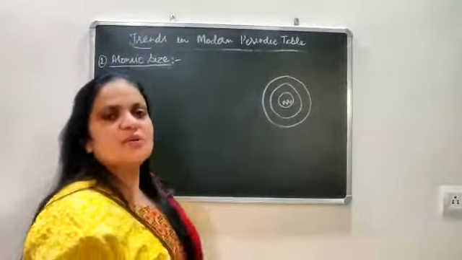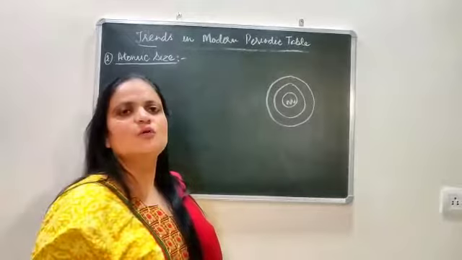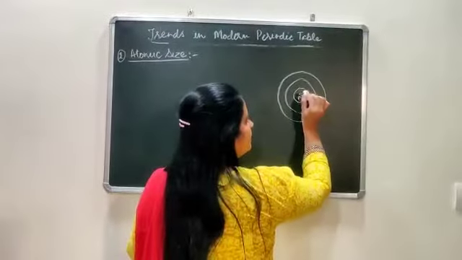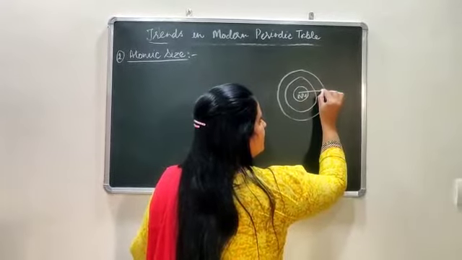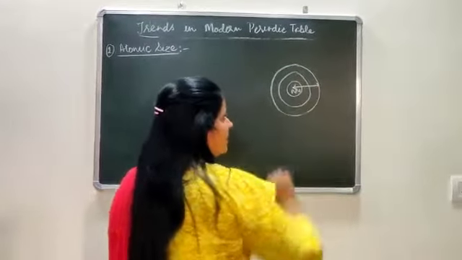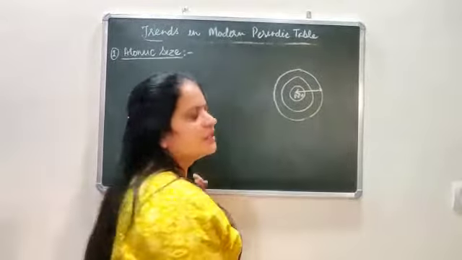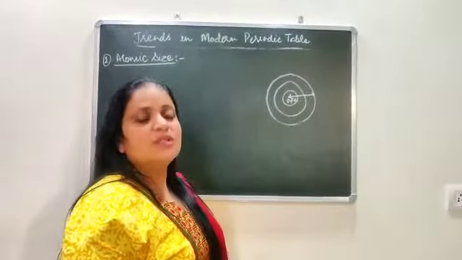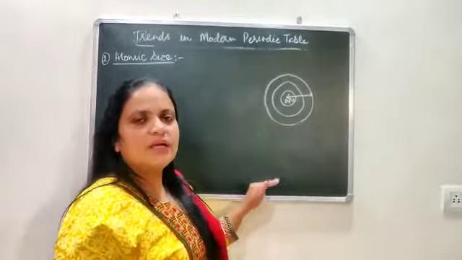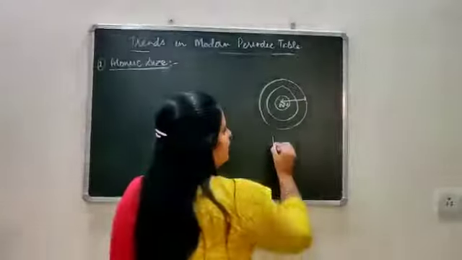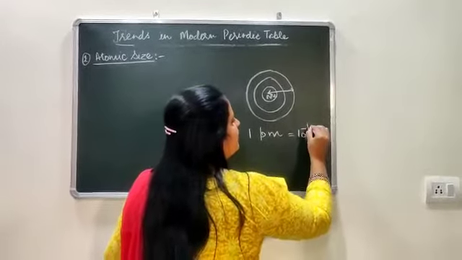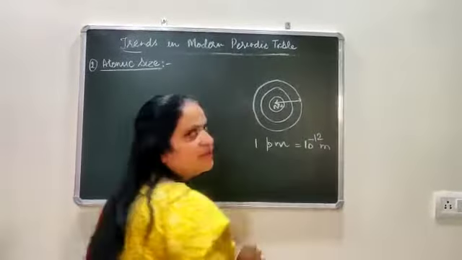Atomic size is calculated in terms of atomic radius, and atomic radius is the distance from the center of the nucleus to the outermost shell. As we know that the size of the atom is very small, the unit used for calculating the atomic size is picometer. And 1 picometer is equal to 10 raised to power minus 12 meter.